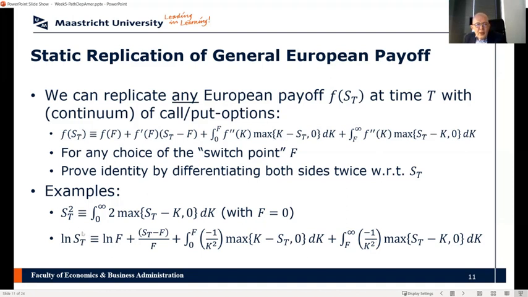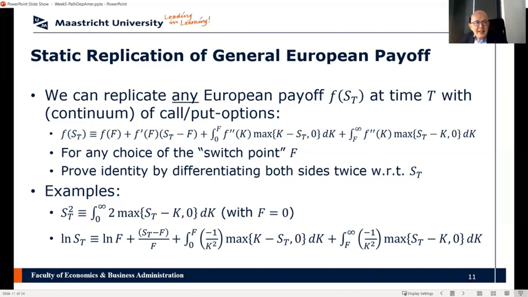And these S squared and log S are contracts, and this replication method is really used for real contracts, because these are the basis for the so-called volatility index, the VIX. And these volatility index options basically track the variance of an underlying stock.